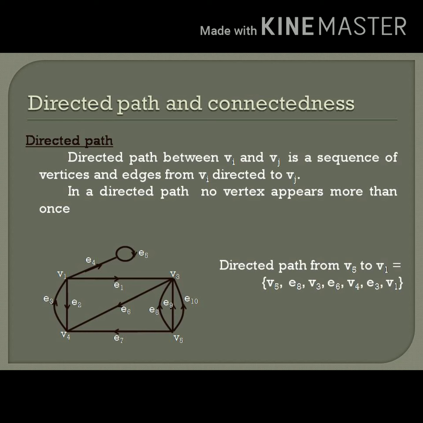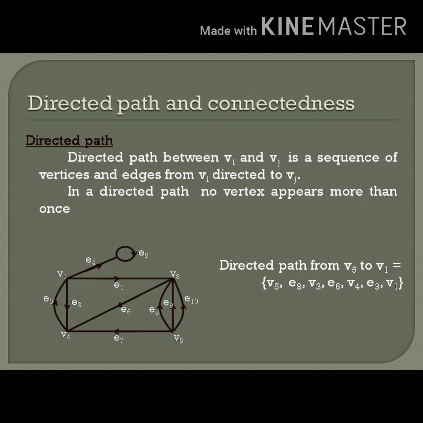Next is directed path. A directed path between Vi and Vj is a sequence of vertices and edges directed from Vi to Vj. It starts at one vertex and ends at another vertex, and it should be directed from one edge to the other, Vi to Vj. In a directed path, no vertex appears more than once. So here no vertex is repeated.